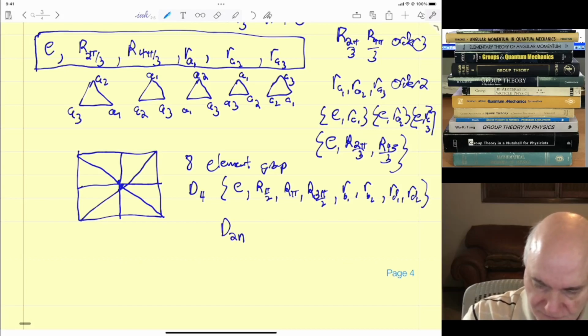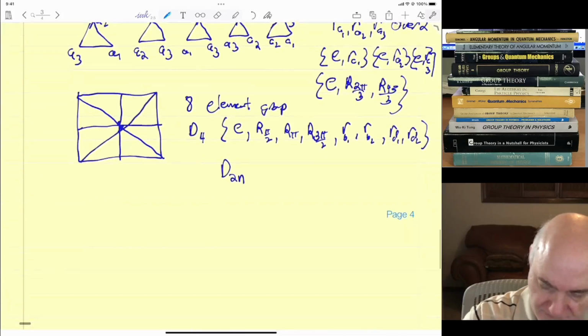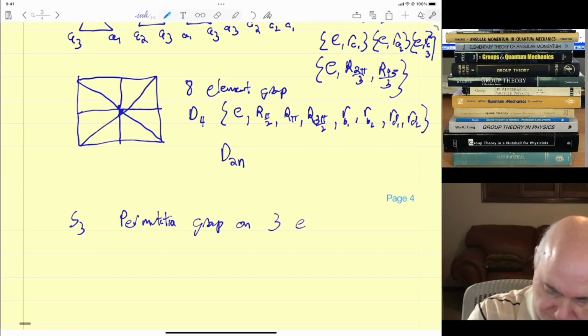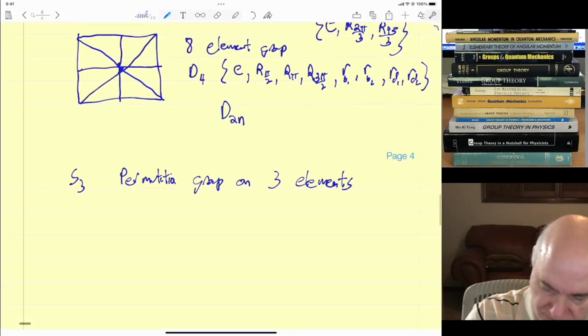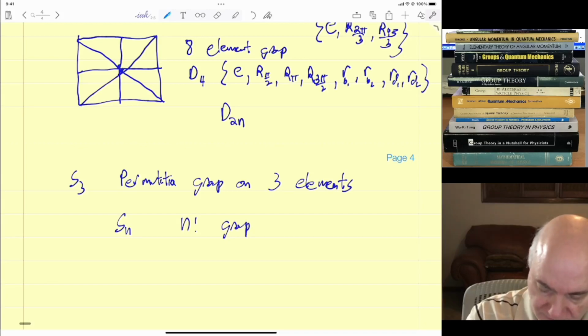Now, I also called this, as you might notice, I went back and I called it S3. S3 is the permutation group on 3 elements. And in general, we'll talk about it next time, but Sn has n factorial group elements. So you can see 3 factorial is 6.